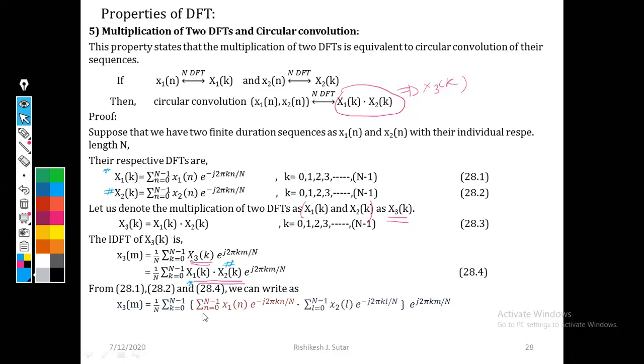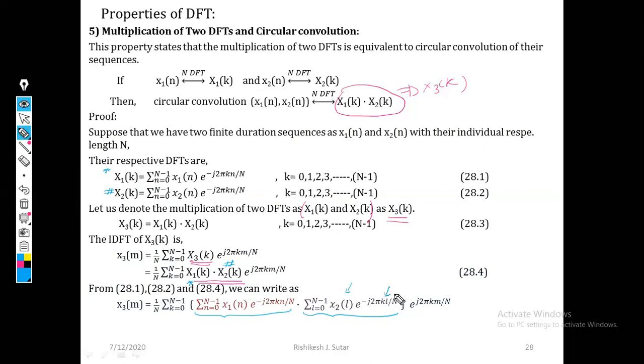This is my x1 of k, and this is my x2 of k. You change the variable here from n to l just for differentiation; we have used a dummy variable.